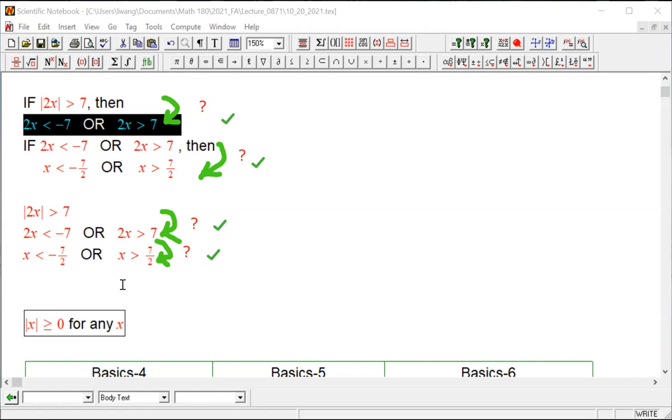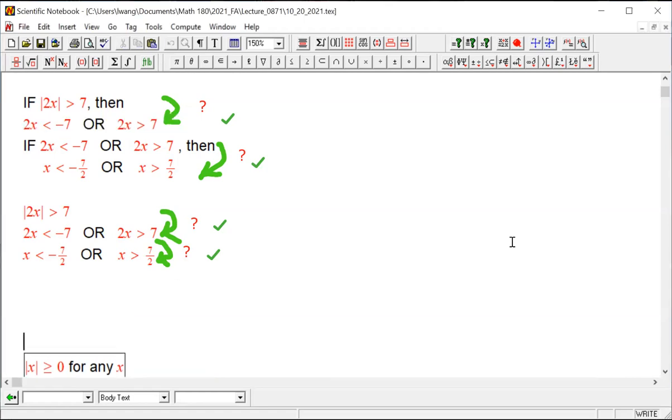Go back to what I saw in Farouz's breakout rooms. If you write it this way, from absolute value 2x greater than 7, right? I did see people write it this way. People will write 2x less than -7, and then the student will do the following work, and they put the or later.